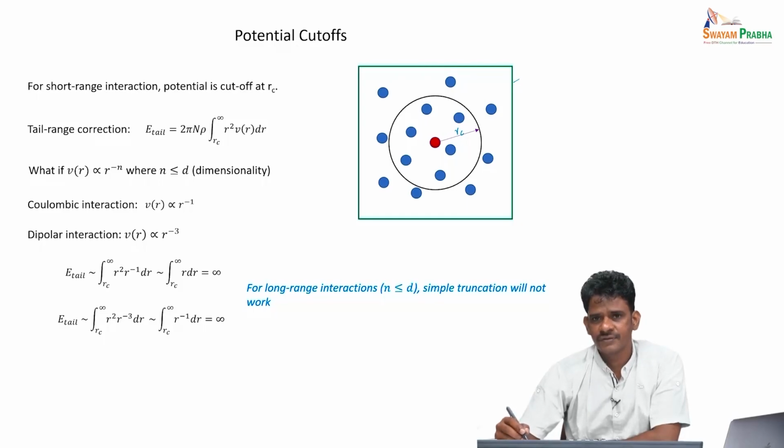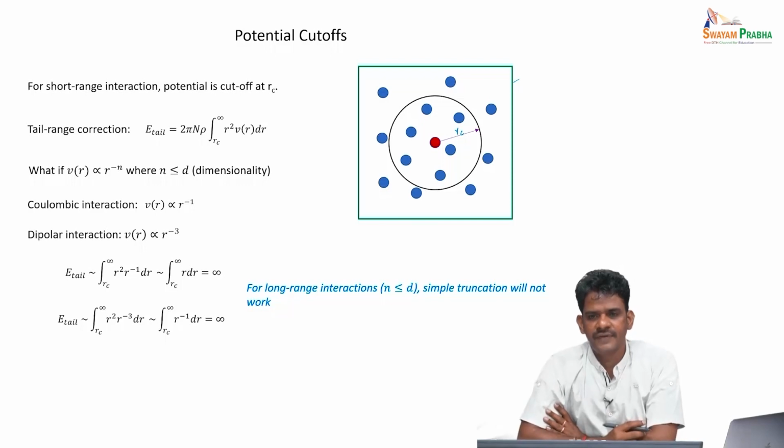All the neighbors falling outside this circle are not included. This is a very simple way of implementing the most important energy or force contribution in MD simulations, but this operation itself will cost you N square computation.